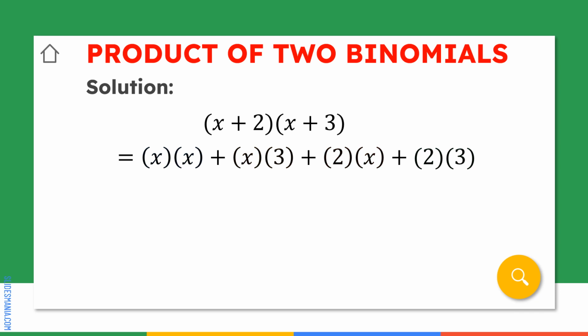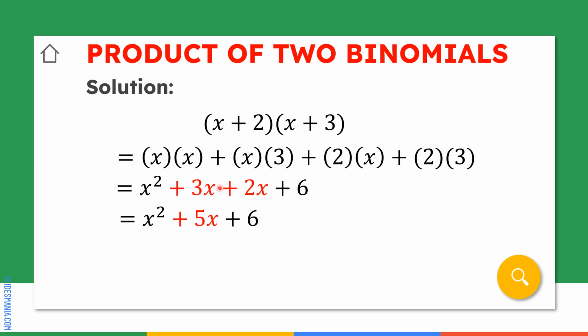Wait, it doesn't end there. As you can see, we can still combine 3x and 2x because they are similar terms. So, combining these two terms, we will have x squared plus 5x plus 6.